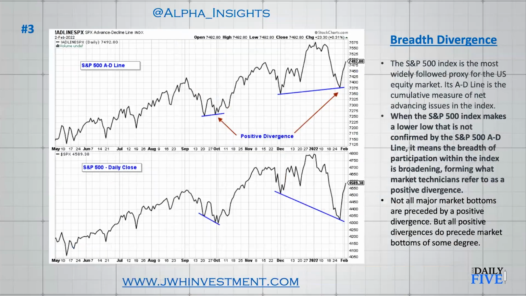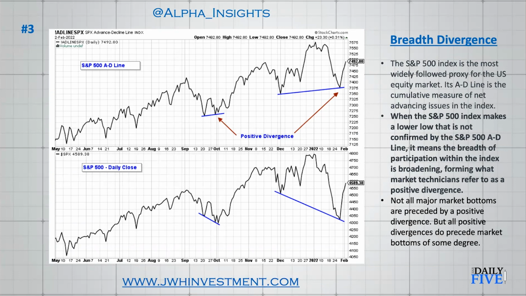In the past, we've talked about breadth divergences, and we've used it as a way to identify tops in the market through non-confirmations. Well, here we are looking just at the S&P 500 advanced decline line. In the past, we've talked about the New York Stock Exchange composite AD line, which is the broader version of this.